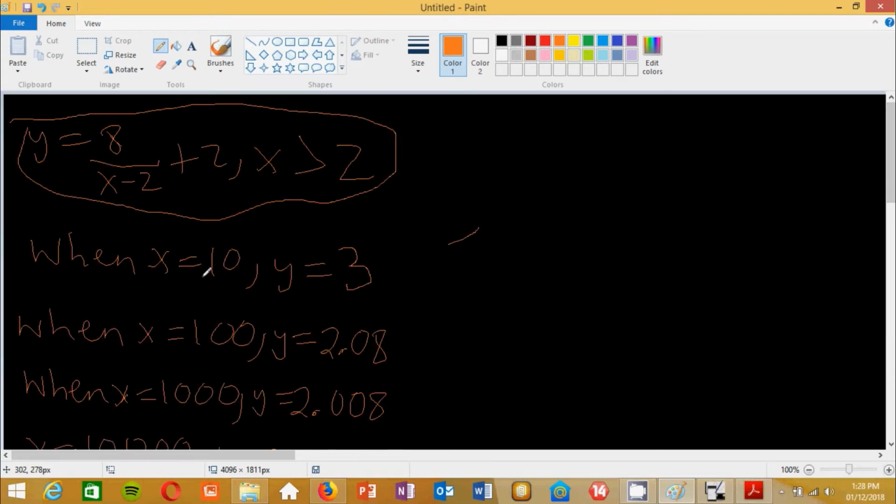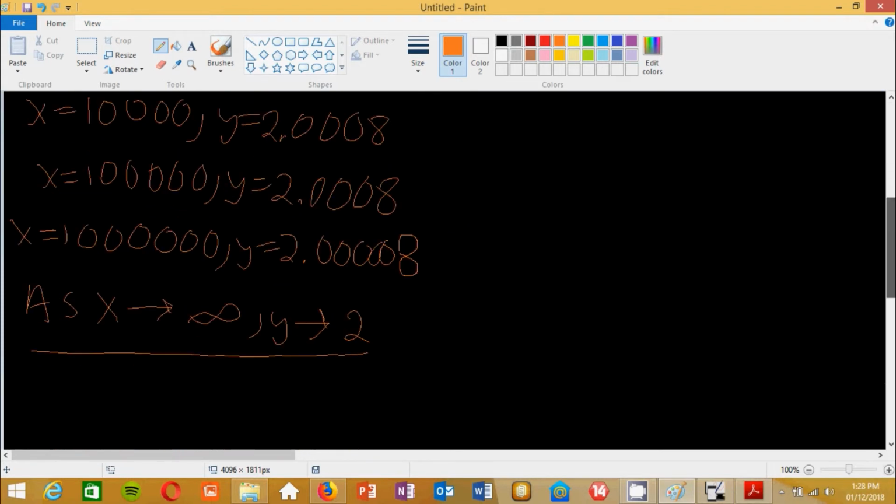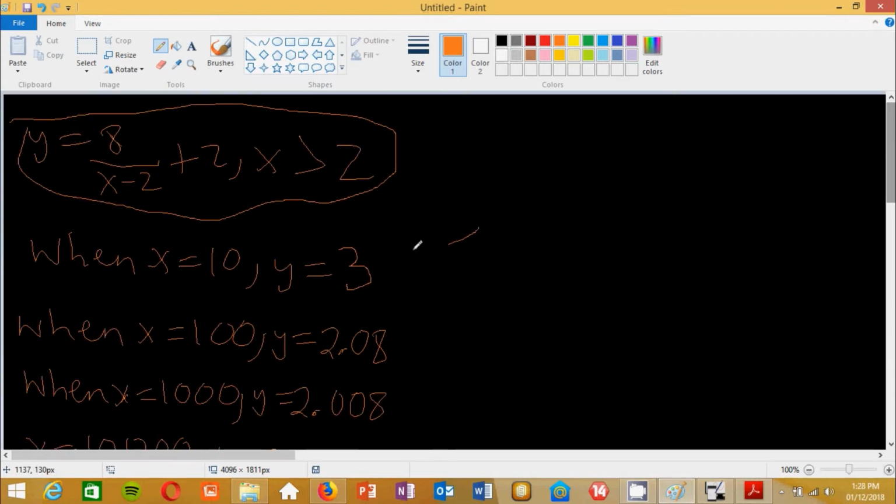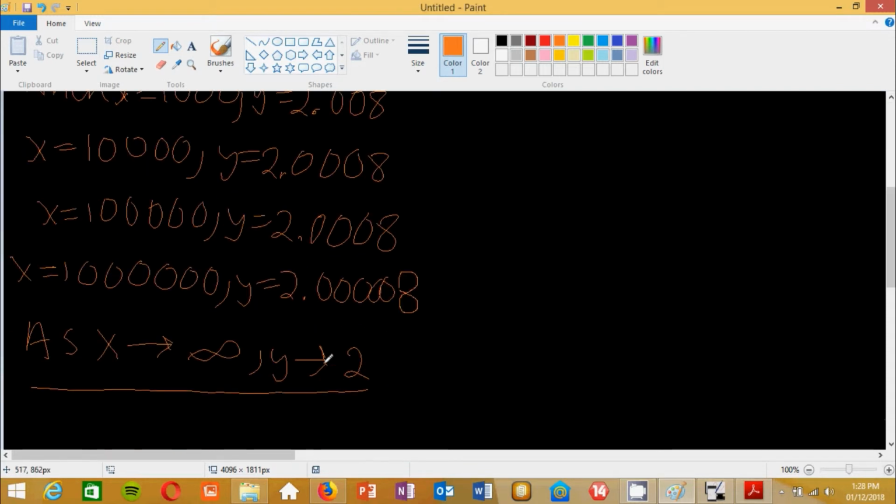Here's another thing to observe. As x is becoming bigger and bigger, your y is becoming smaller and smaller. So if your x is becoming bigger and bigger, and your y is becoming smaller and smaller, but your y is approaching 2, what does that tell you?